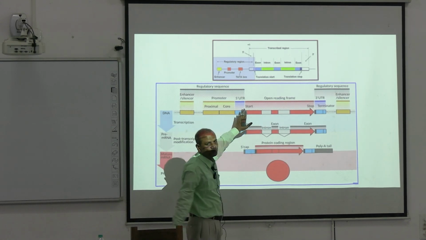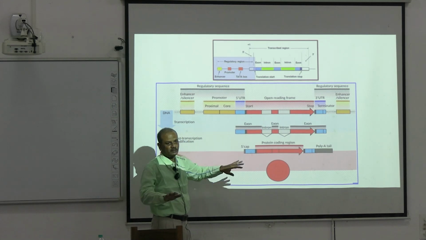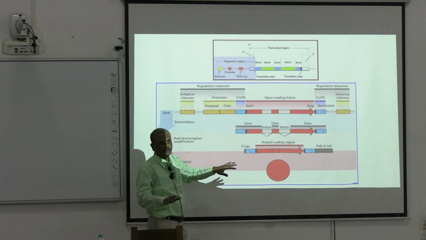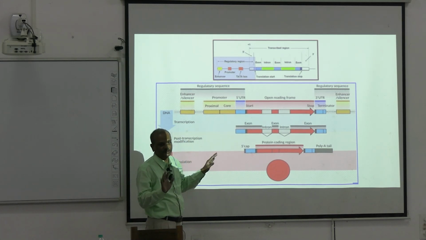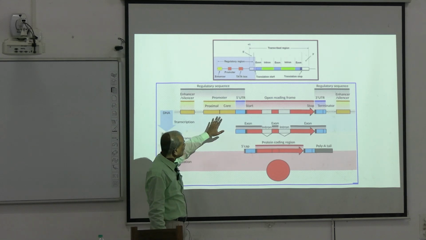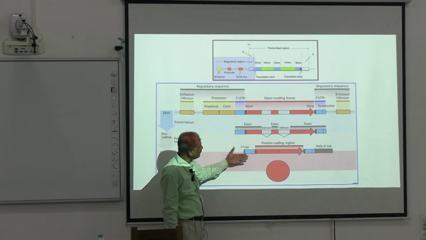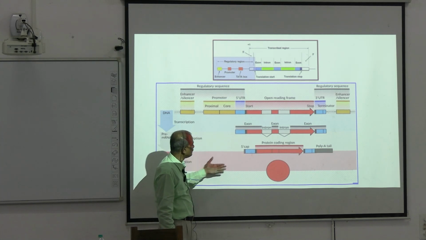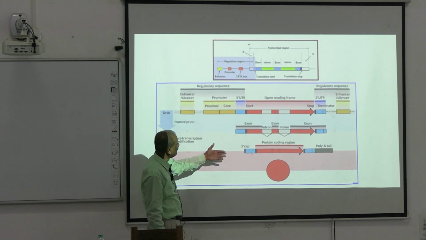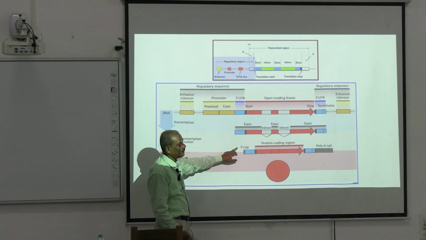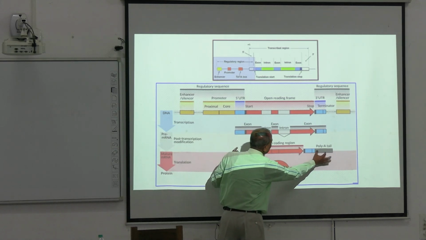That means this is not translated during protein translation, that means protein synthesis. But these are included during post-translational processing, because 5' capping is done and poly A tail is added after that.